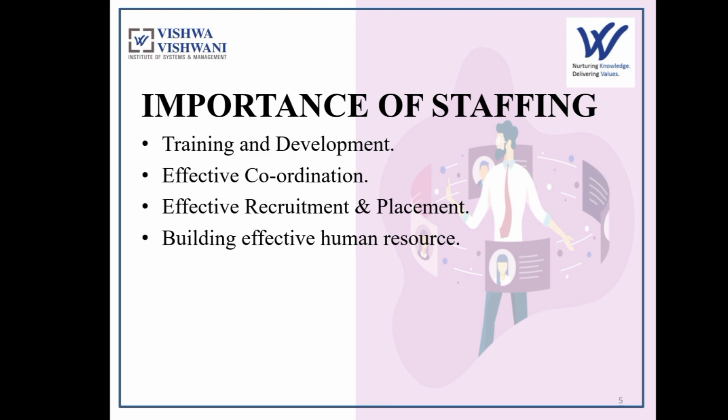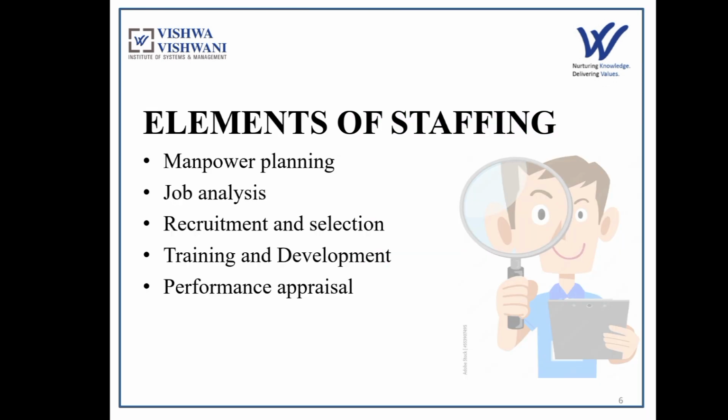Increase in productivity. By using the human resource, we can improve our productivity. Focus on goal achievement. Everything done in the organization should be goal oriented. Helps to solve problems. This also helps to solve many problems in the organization.